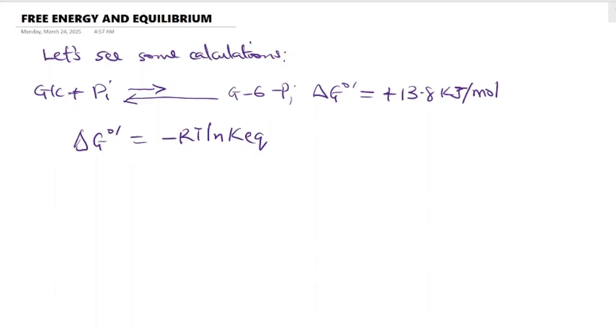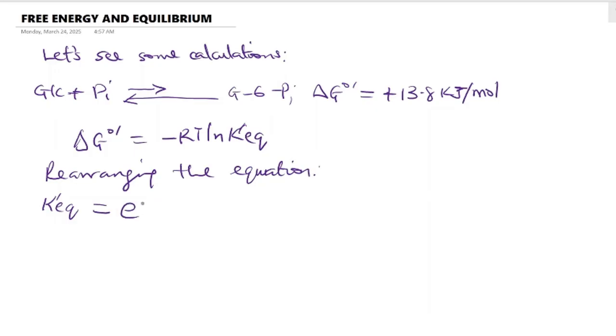So in solving for KEQ, we rearrange the equation, and we have KEQ is equal to e raised to the power of minus delta G over RT.